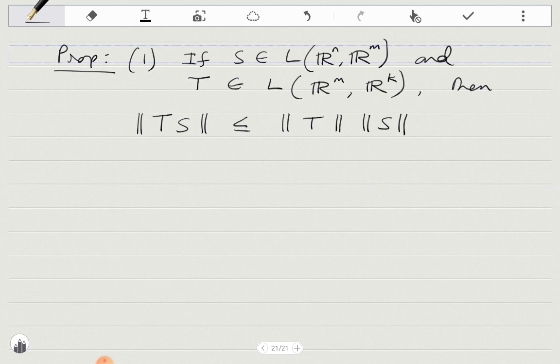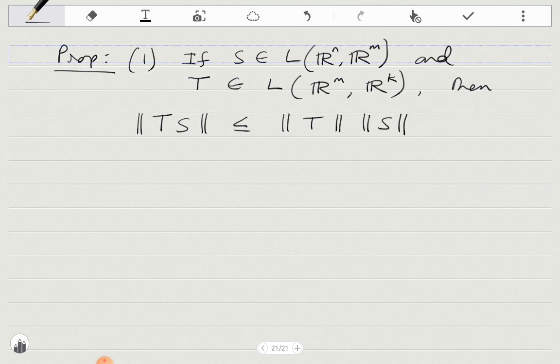This is one of the main reasons why one works with this operator norm. There are lots of other norms on any finite dimensional vector space, in particular L(Rn, Rm), but this specific norm has this nice property, and that turns out to be very useful.